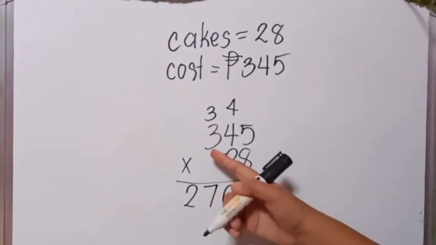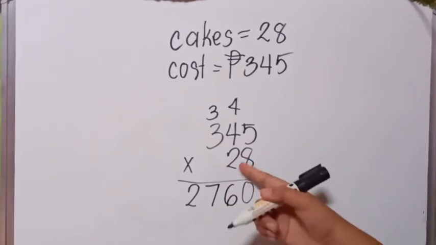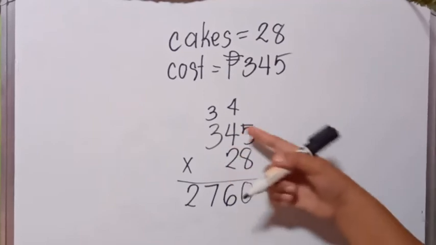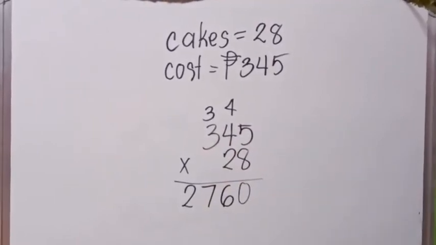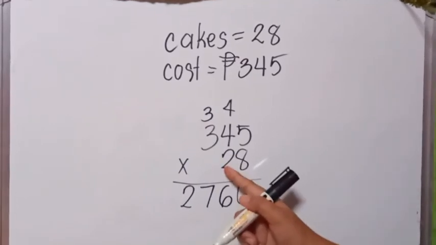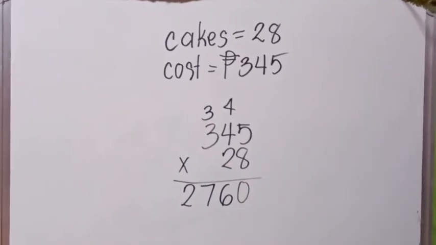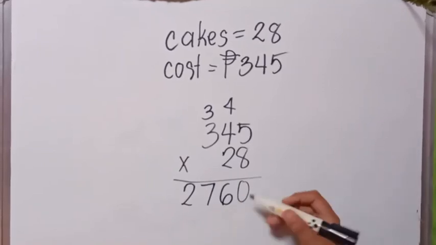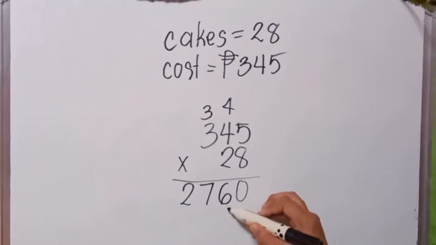Now that we are done multiplying 345 times 8, we will go with our tens, which is the 2 multiplying with our bigger number, 345. 2 times 5, that is 10. So always remember to indent and align it with our tens.